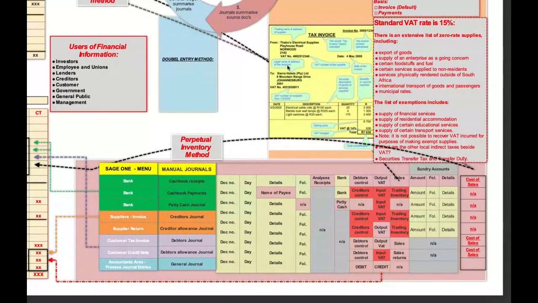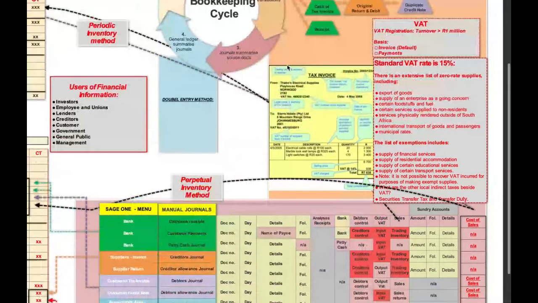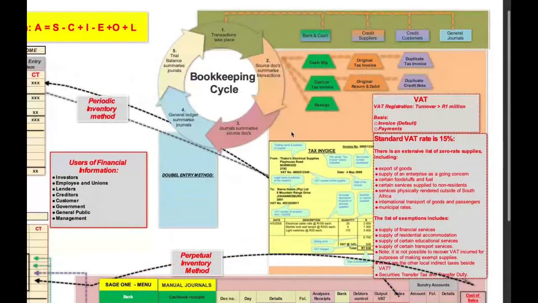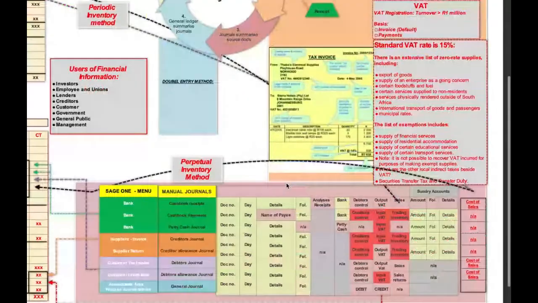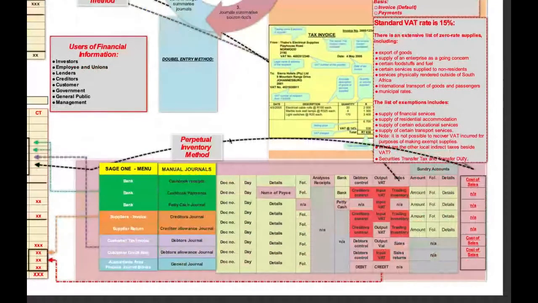We've had so far a transaction take place, we've had source documents. Now we want to record these transactions. That's why they call the journals the books of first entry, because it's at this point that we begin to record what has transpired. There's no other place where we start, really.